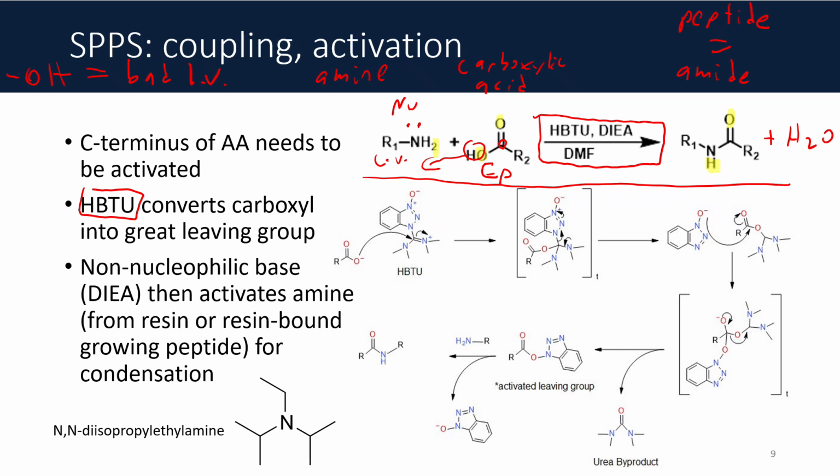HBTU is an activator, and what it will do is react with a carboxylic acid and convert it into a good leaving group. Shown over here in the first line is the mechanism for how HBTU activates a carboxylic acid.